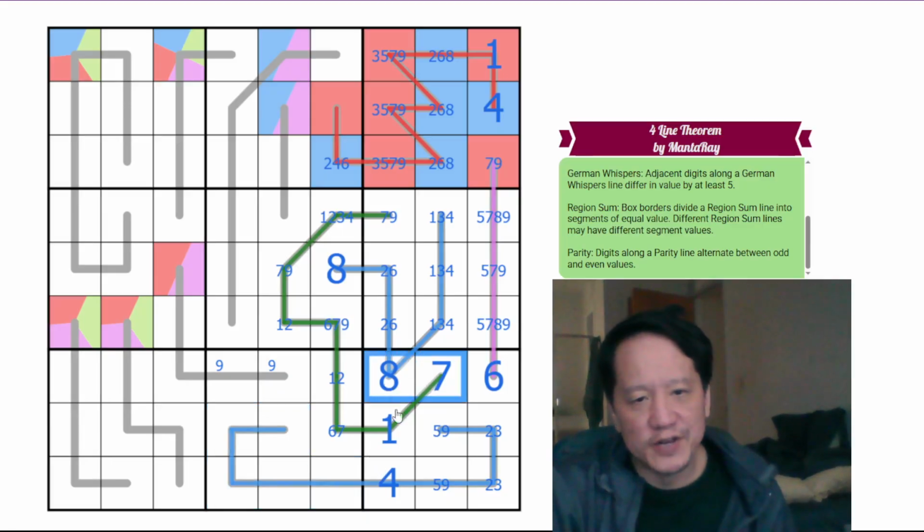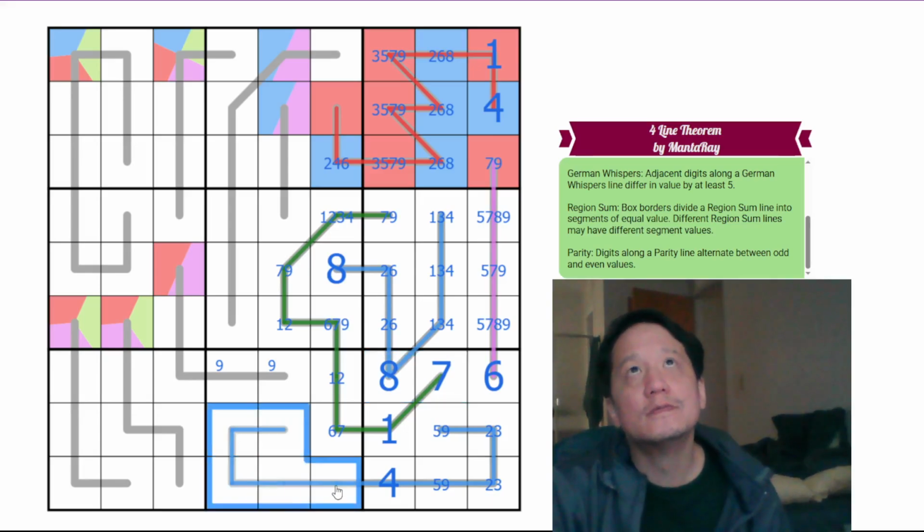Okay, let's look at 7 and 8. Maybe we can find a contradiction then. 7 and 8 add up to 15. So you have to have a 1 here.